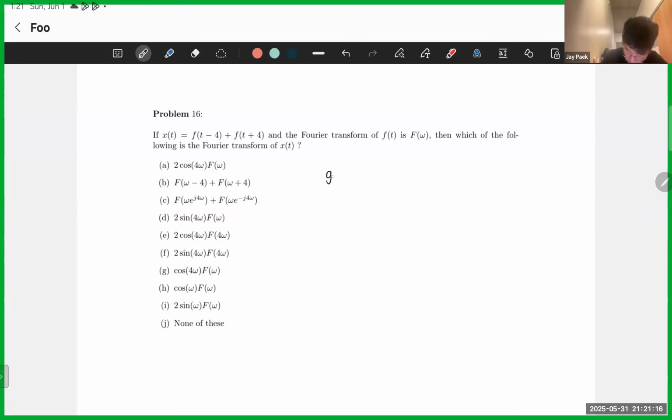If g of t has a Fourier transform G of omega, then g of t minus t naught will have a Fourier transform of G of omega times e to the negative j omega t naught. Let me check my intuition. Yes, it should be negative here.